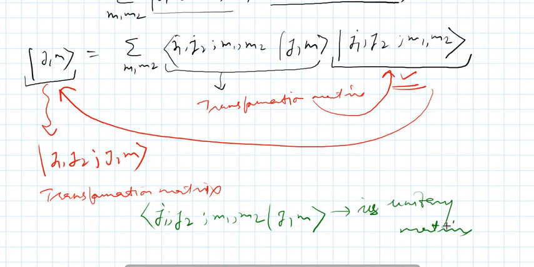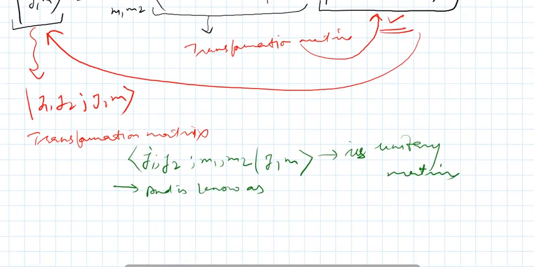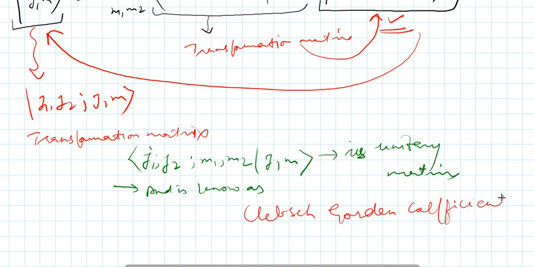This transformation matrix helps us to write down the CG coefficients, and it is known as CG coefficients or Clebsch-Gordan coefficients, or in short, CG coefficients.